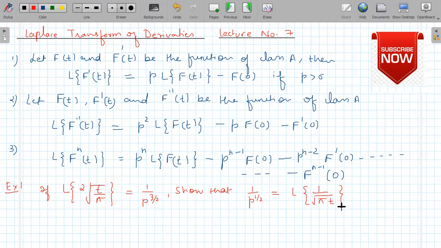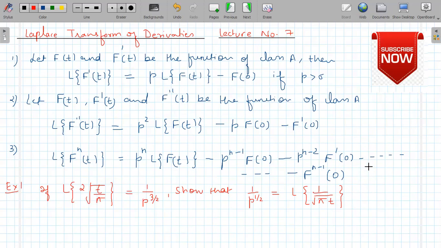You may have one question in your mind, that how do we know that we have to use a formula for Laplace transform of derivatives here? The answer is that you are given the Laplace transform of this function, and you are asked to prove the Laplace transform of this function. So you can do some rough work and check whether this function is the derivative of this function or not, if you leave some constant terms which are appearing.